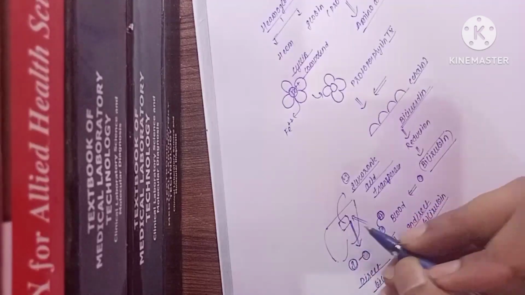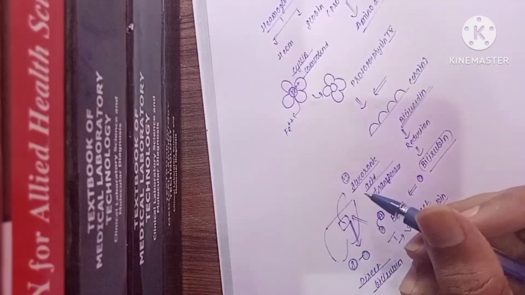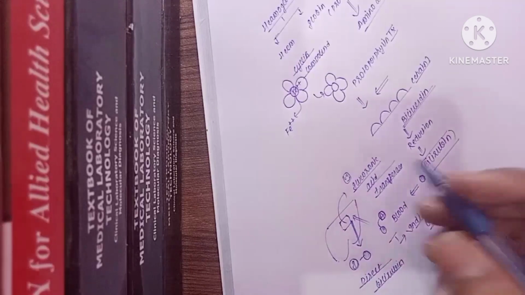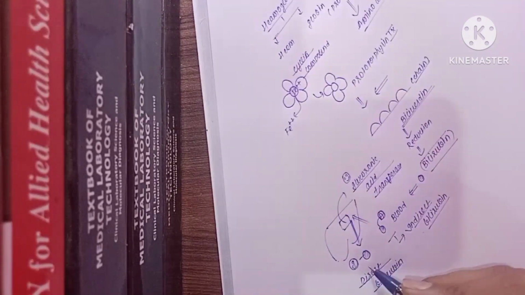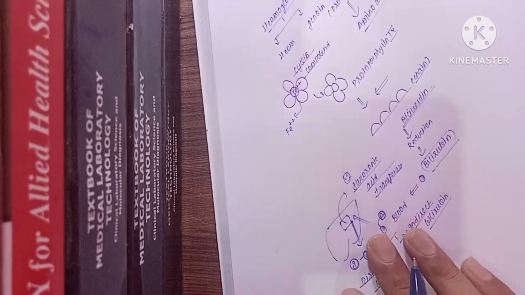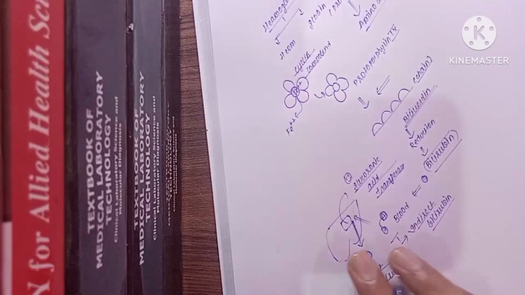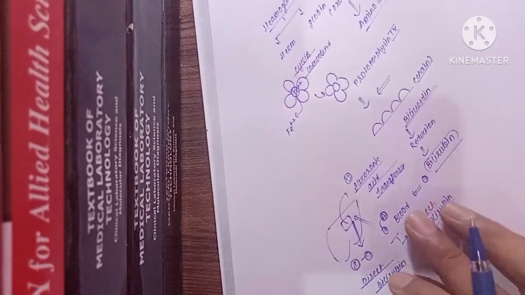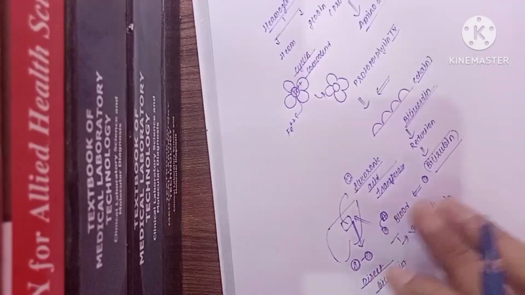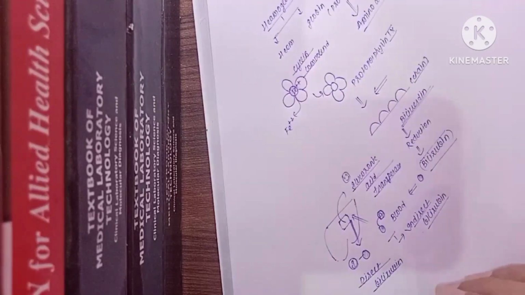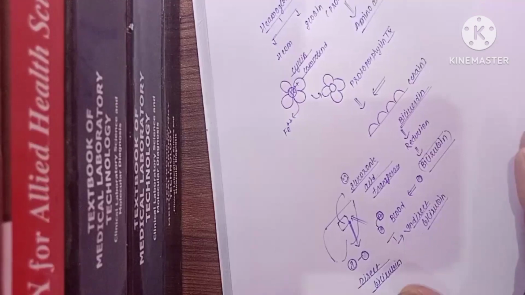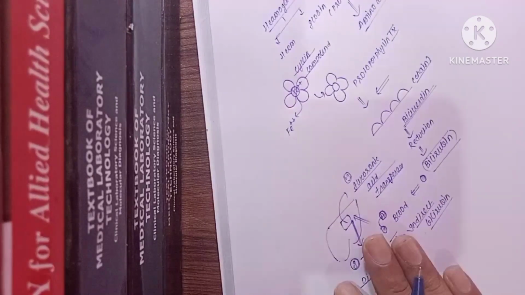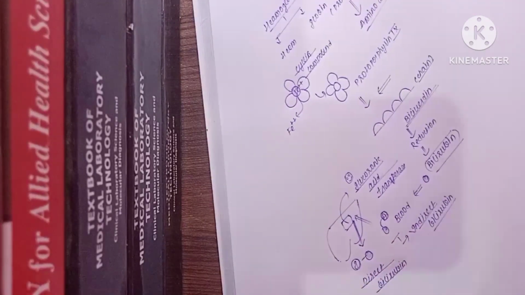In your hepatocyte we have the enzyme glucuronic acid transferase, which transfers the glucuronic acid, which makes direct bilirubin. So direct bilirubin is glucuronic acid bonded with bilirubin, and indirect is albumin bonded with bilirubin. Again, albumin bonded with bilirubin is known as indirect bilirubin. Glucuronic acid bonded with bilirubin is known as direct bilirubin.